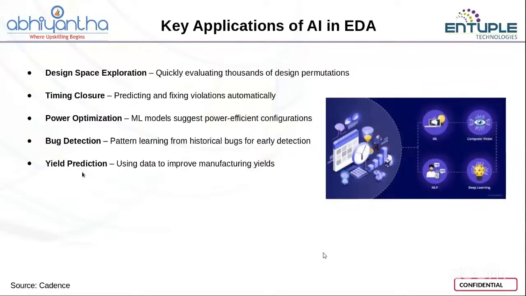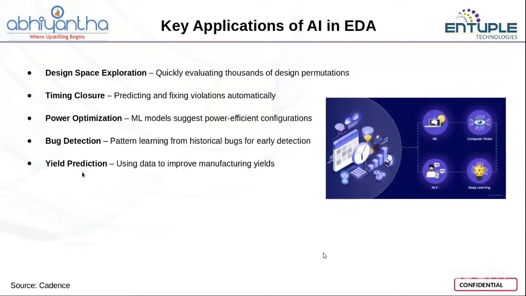That is the ultimate goal of AI in the EDA tools. These are some examples. I have also listed various EDA vendors here, and the AI tools they have introduced recently.